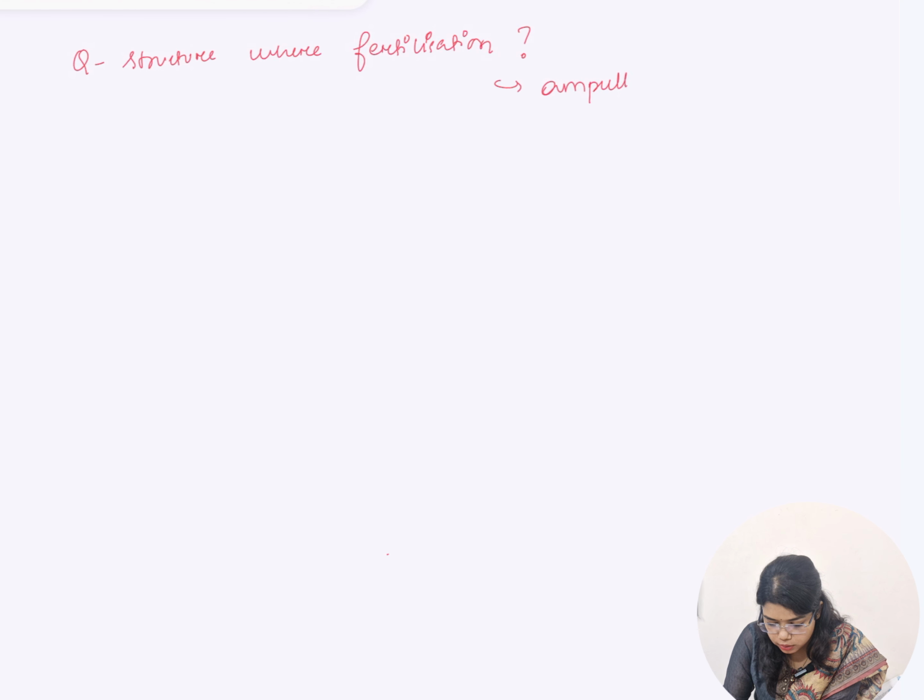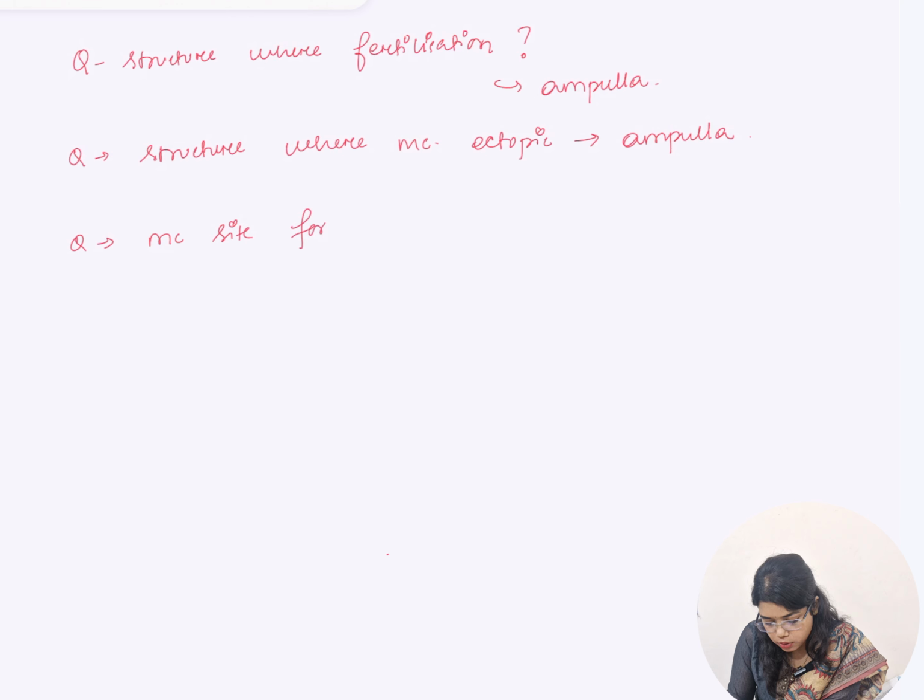That is ampulla. Okay. Second, the structure where ectopic most commonly occurs. Ectopic means the pregnancy that is outside the uterus. Okay, most commonly it is the tubal ectopic, and in the tubal ectopic, the most common site is the ampulla. Again, it's ampulla.